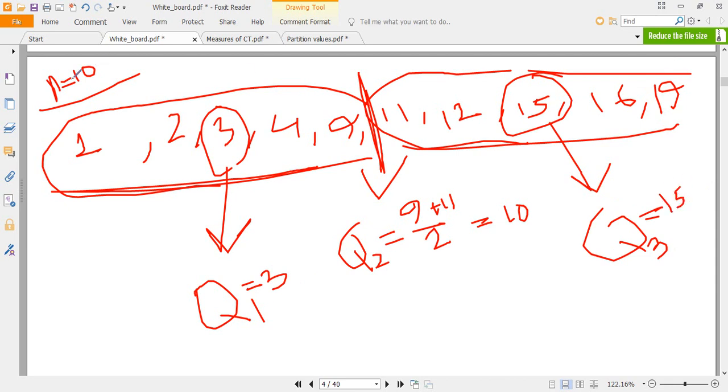For example, if you take n equals 11, I don't discuss it here, you will apply your knowledge to solve this problem. So thank you very much. Thank you for watching this video.